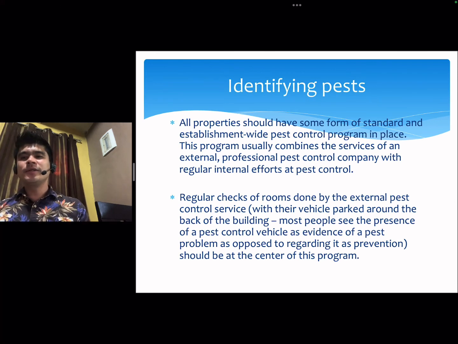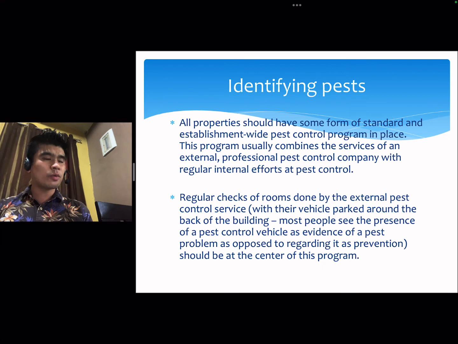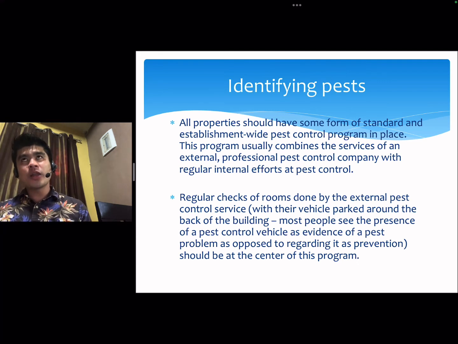Identifying pests. This is very straightforward. The number 1 pest na kailangan iwasan ay yung mga bed bugs that could hide on the edges of the mattress. And of course, along with this, meron tayong mga cockroach, could be rats. One way of eradicating these is to apply insecticide.